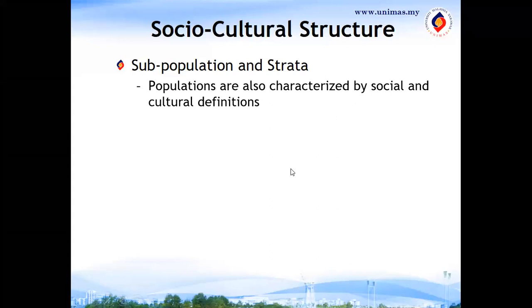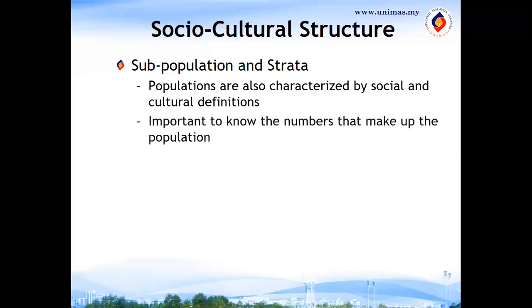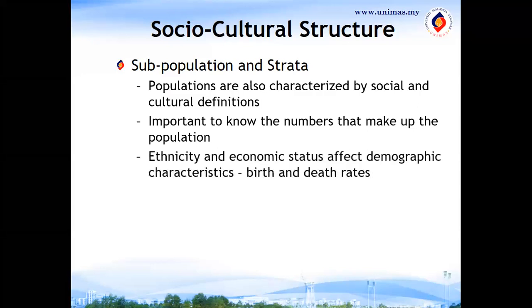Populations can also be categorized or characterized by social and cultural definitions, for example, rural, urban, that's in terms of dia punya location. It can be by religion and so on and so forth. So it's important to know the numbers that make up the population, and ethnicity and economic status, for example, also affect demographic characteristics in terms of birth and also death rate.